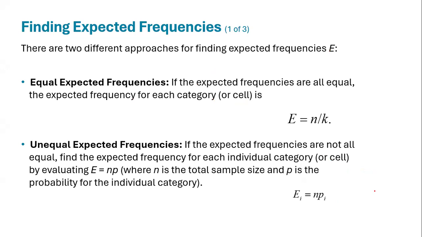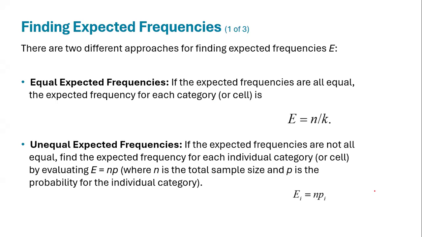Now let's see how we can find the expected frequency. You always have the result from the observed frequency, because observed frequency means the result from the sample. It's always given to you in the problem. But how can we find the expected frequency? It depends on whether we have equal or unequal expected frequency for each category.